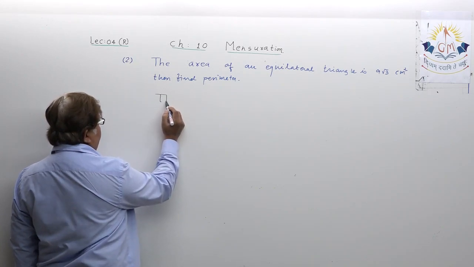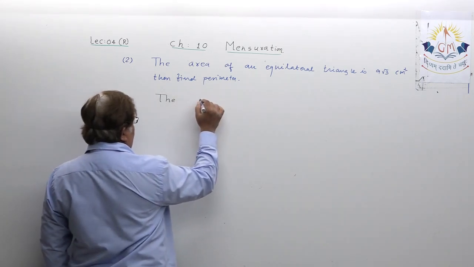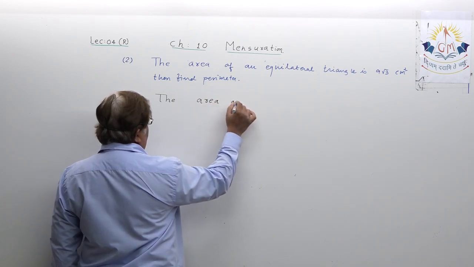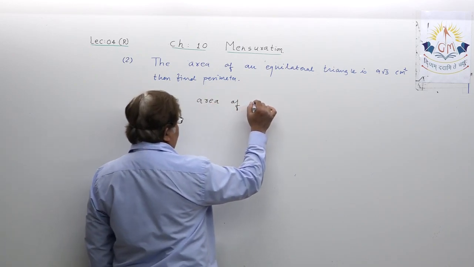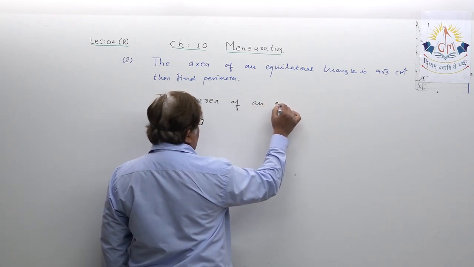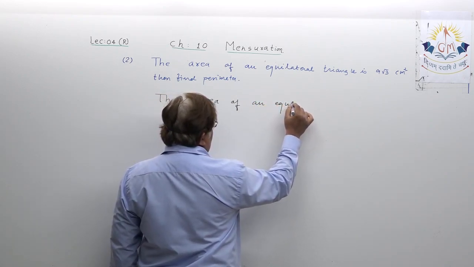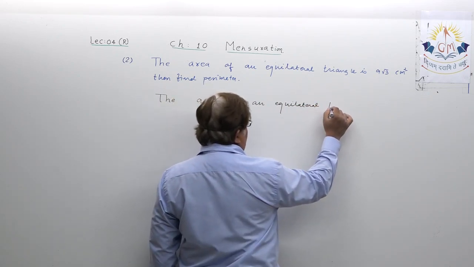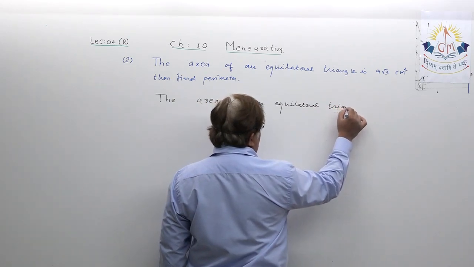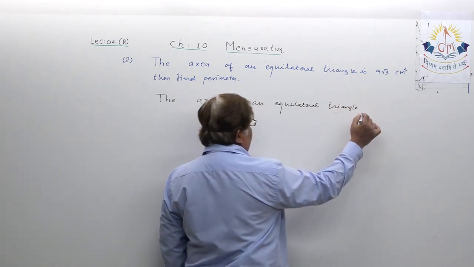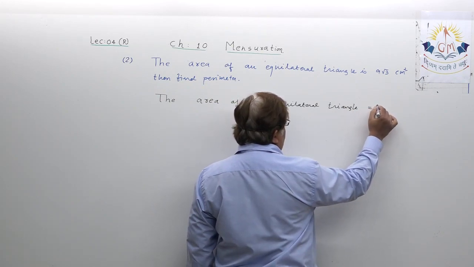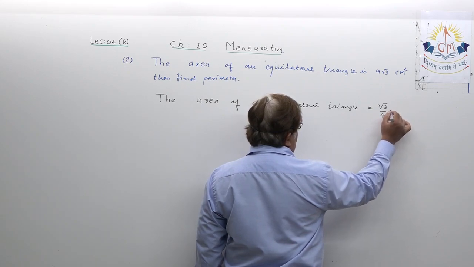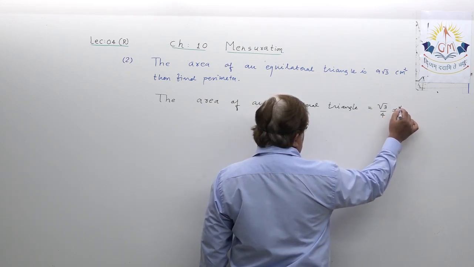First, you must have written this statement: the area of an equilateral triangle equals root 3 upon 4 x square.